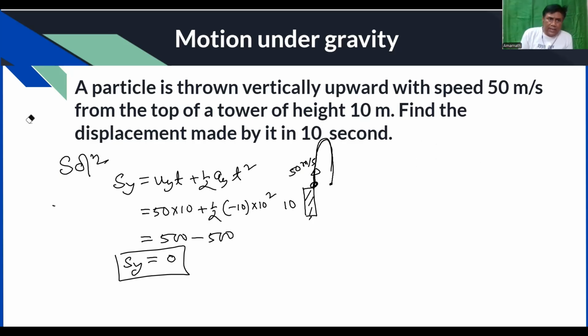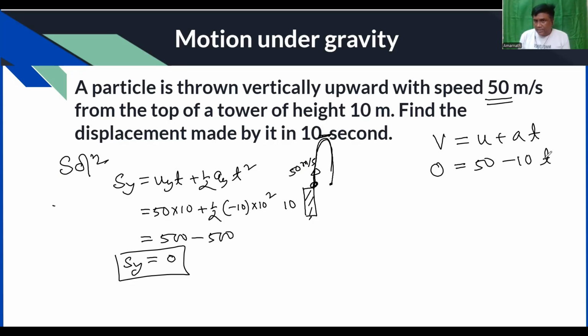But you see, here also now one more interesting thing you can understand. If the velocity is 50, then it will reach the highest point at 5 seconds only. How you see it? V equal to U plus AT. And I know that at the highest point, velocity becomes 0. So it is 50, it is 10, so T equal to 5 only, okay? It is 5 seconds, then 5 seconds.